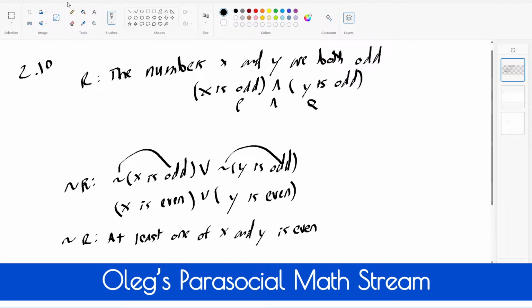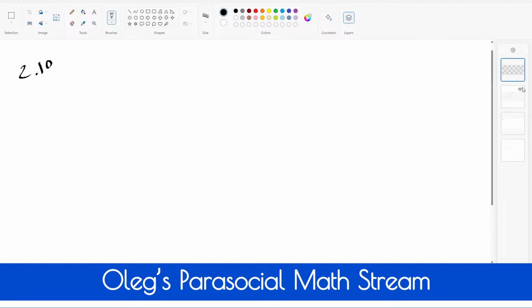Now let's move on to a slightly different kind of problem. It's often necessary to find negations of quantified statements. For example, not all x in the naturals, P of x.